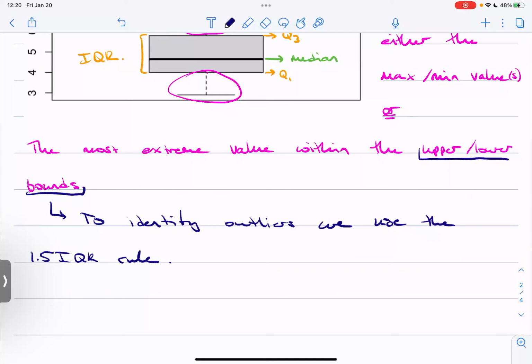Okay, so some kind of threshold where we say anything beyond this point on either end, right? So we're going to have a lower end and an upper end. Anything beyond this point is considered an outlier.